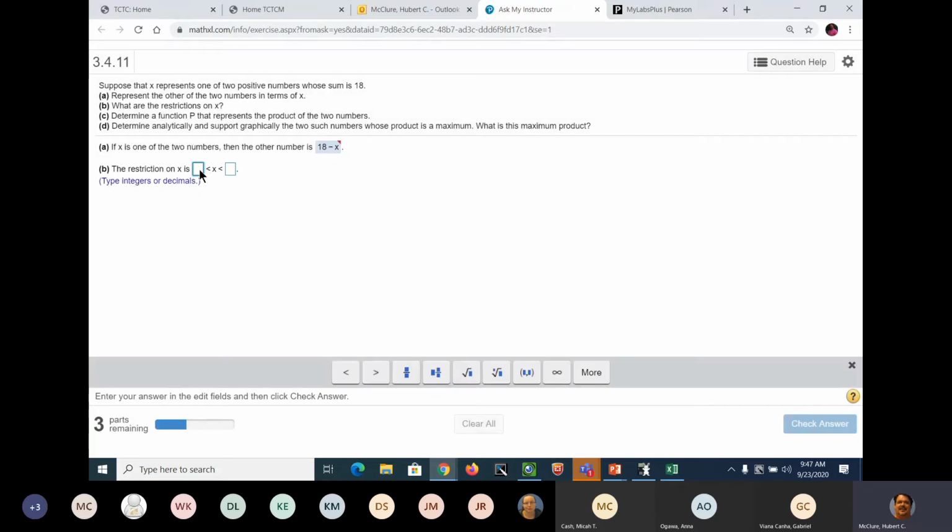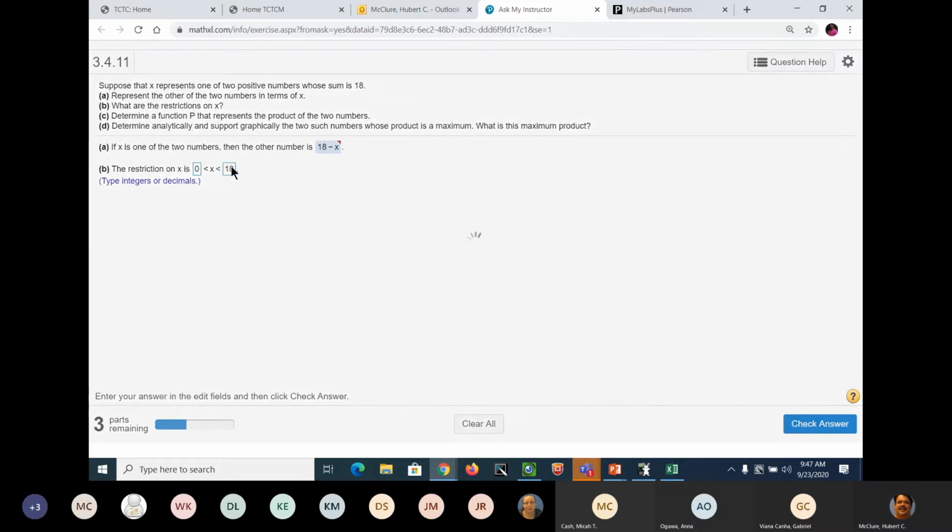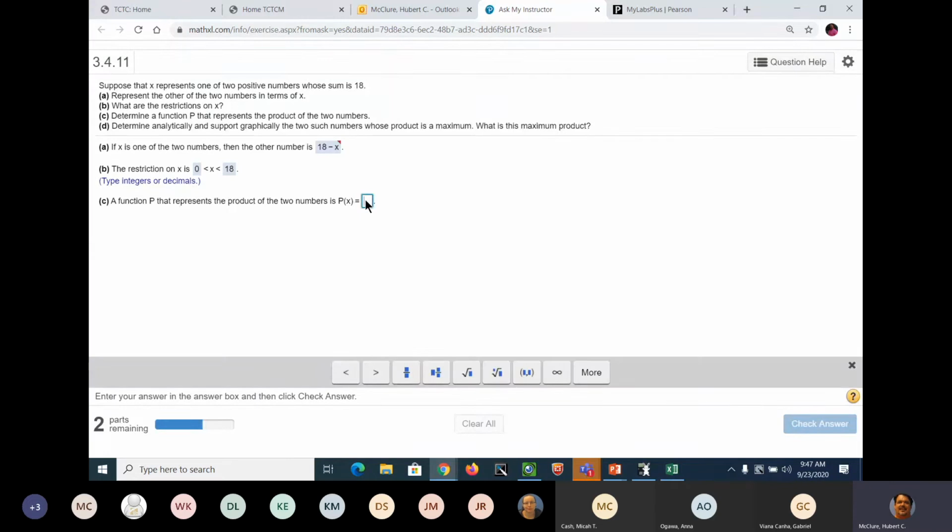Okay, we said 18, right? So x is between 0 and 18. And the function, we said that was going to be negative, what did I say? 18x minus x squared.